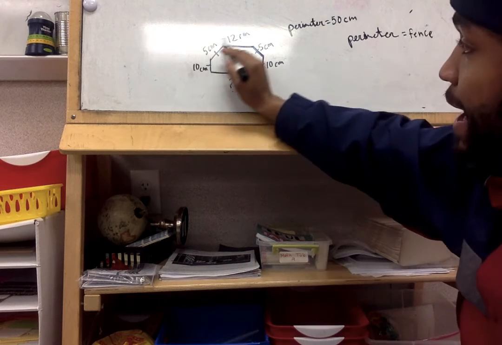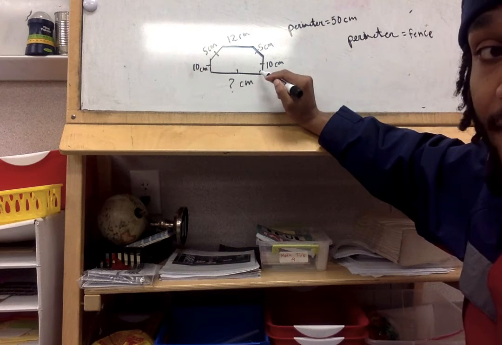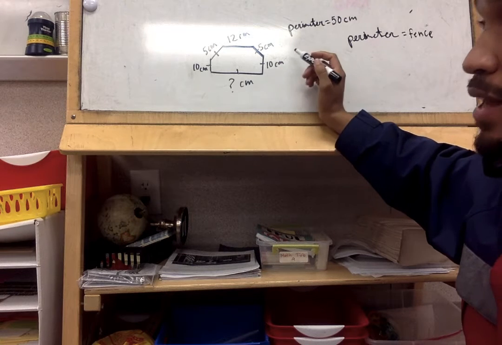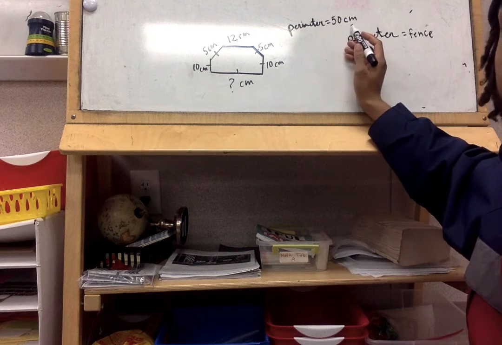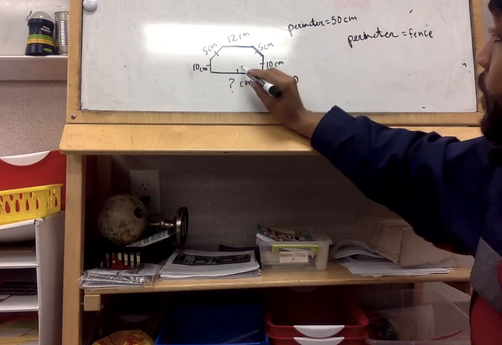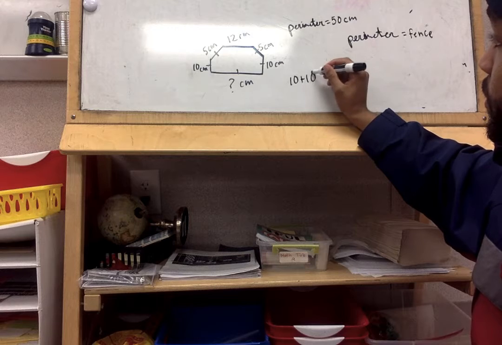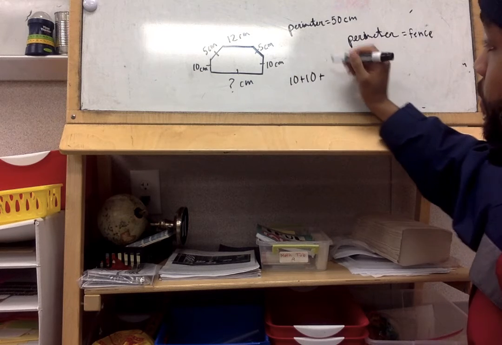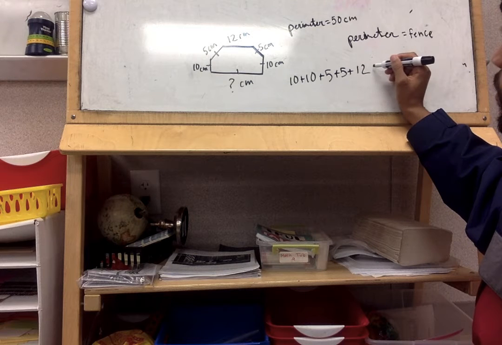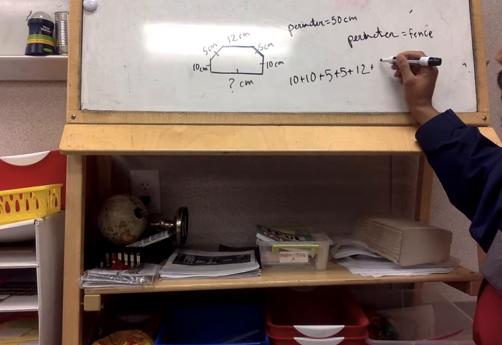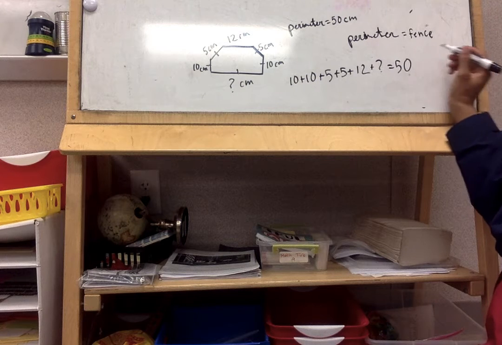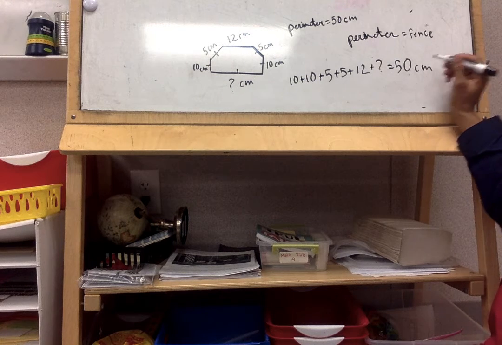That means I need to add up everything that I have and then see how much is left until I get up to 50 centimeters. So let's do it. So I have a 10 plus a 10 plus a 5 plus another 5 plus a 12 plus this unknown number will equal 50 centimeters.